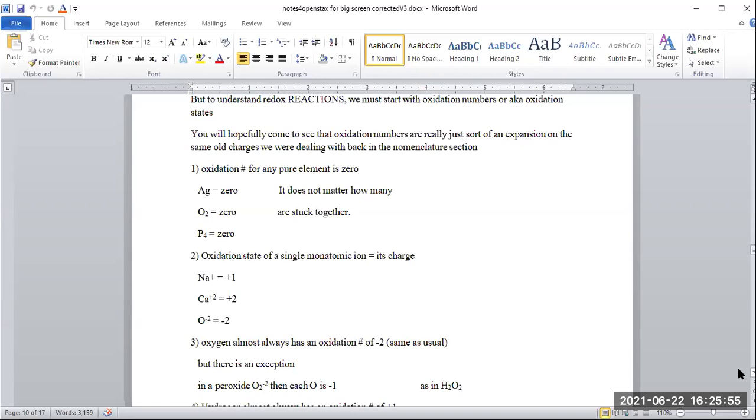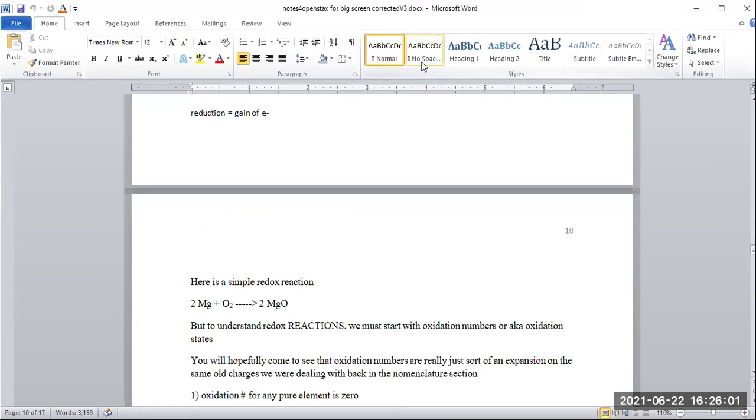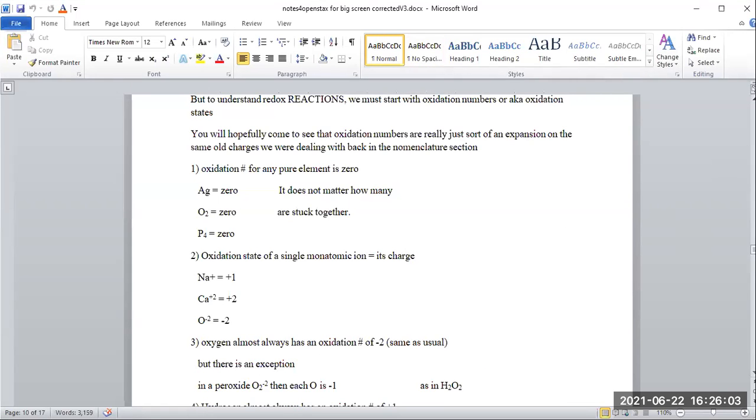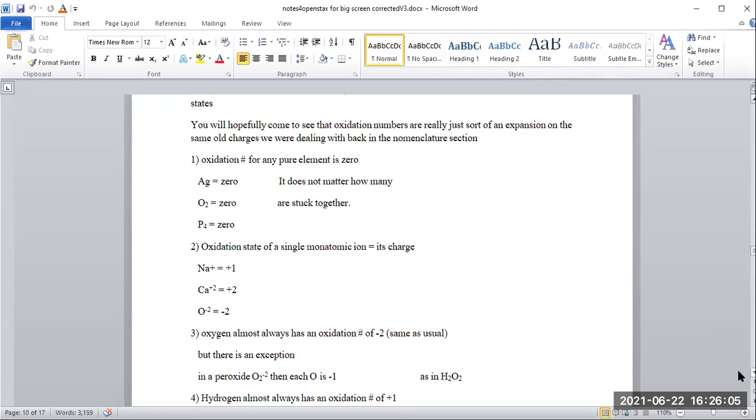You haven't gained any electrons, but you also haven't lost any electrons. So we look at a silver atom, it's 0. We look at an oxygen molecule because it's diatomic, still 0. I didn't gain or lose any electrons.